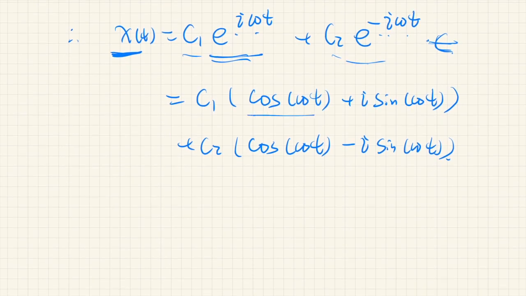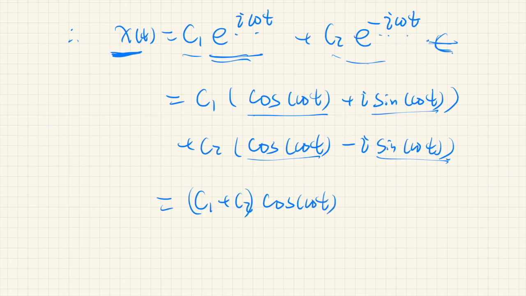So we have this real part and imaginary part, and let's solve them out. And we have (c1 plus c2) cosine omega t plus i times (c1 minus c2) sine omega t.